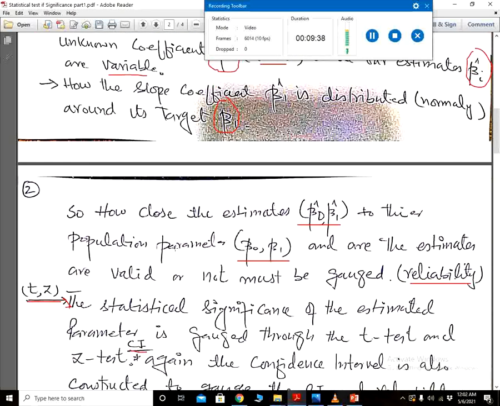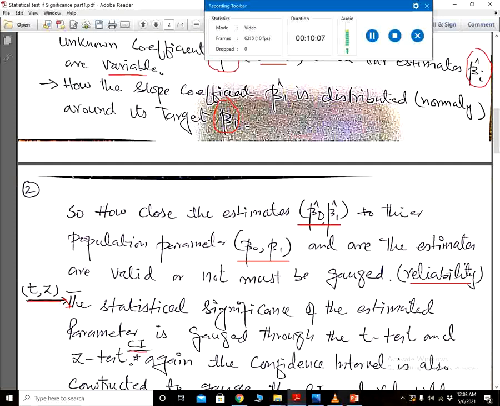So how close are our estimates beta naught hat and beta 1 hat to the population parameters beta naught and beta 1, and are the estimates valid or not? This must be gauged. We gauge the reliability and the significance of these estimates.